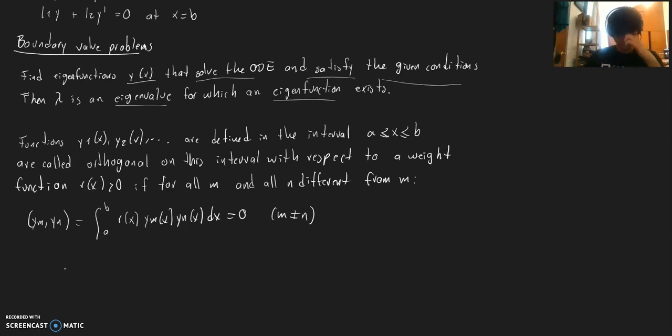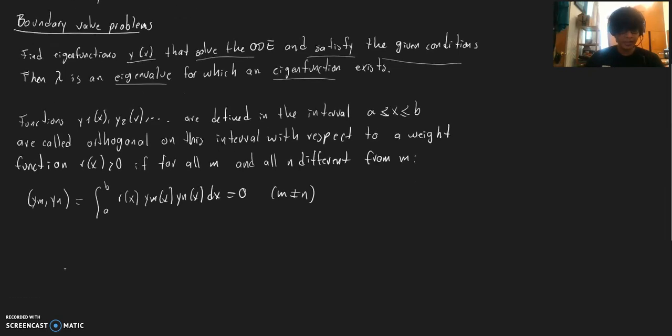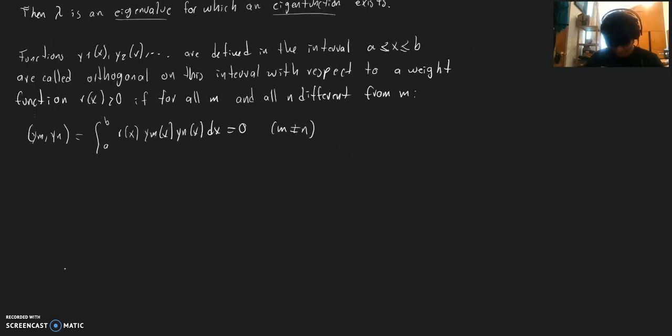So we know that the functions ym and yn are orthogonal if they fulfill this equality, where the given function is multiplied by the weight function. If we integrate it in the given interval, we will obtain 0 as a result.